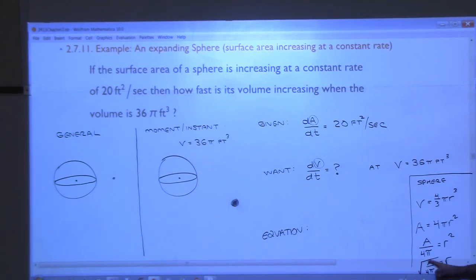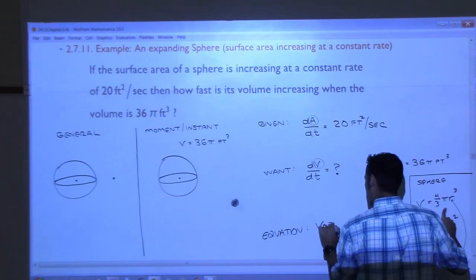Now it's supposed to be plus or minus, but it's the radius of a sphere, so it's only going to be positive. We good? Now I'm going to take this and plug it into that r right there, and then cube it. So I'm about to write this formula right here.